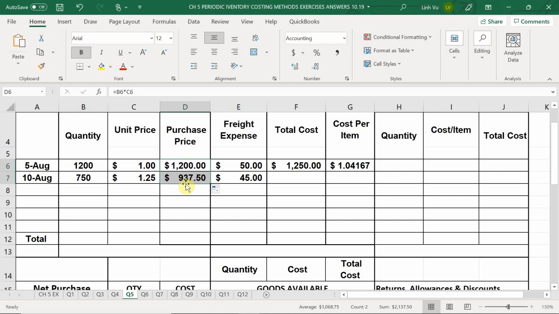No worries. So in this case, 937.50 plus $45 is going to give me a grand total cost of $982.50, which then brings my cost per item to $1.31.